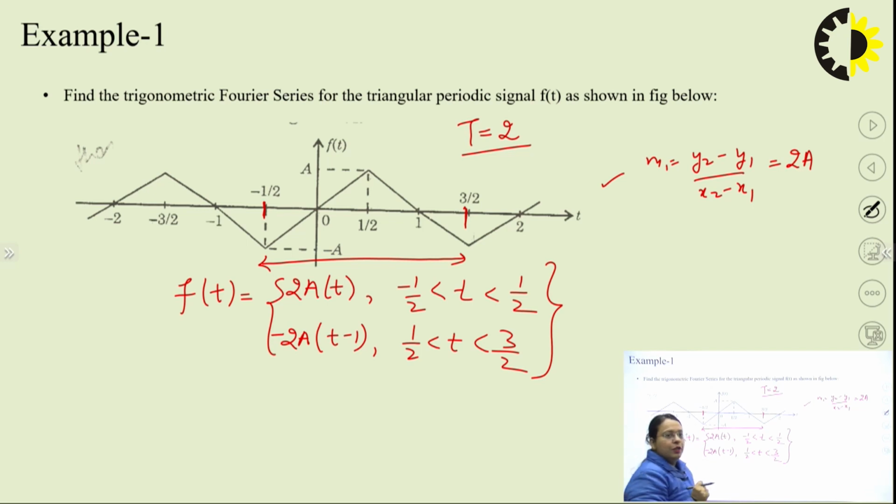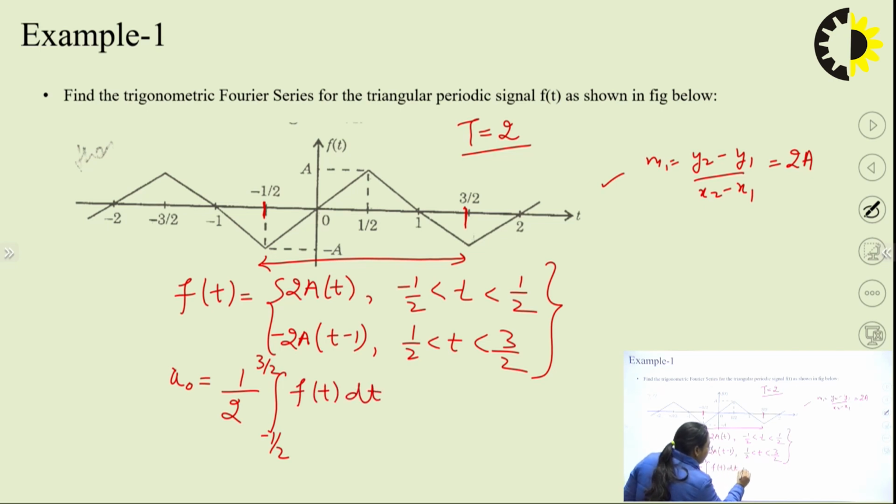Now we will find out the trigonometric coefficients, that is a0, ak and bk. So the value of a0 will be 1 upon T, which is equal to 2 here, over the period T, that means from -1/2 to 3/2, and the value of signal f(t) into dt.